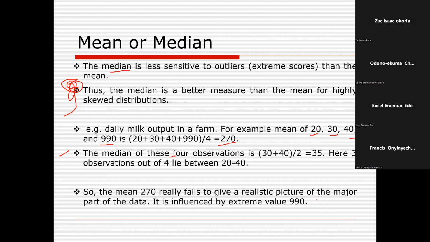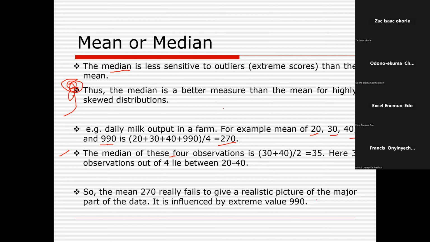But like I was explaining, whenever you have a skewed data set like this, the mean is not the best representative of that data set. Rather, you think of the median. And how do you calculate the median?